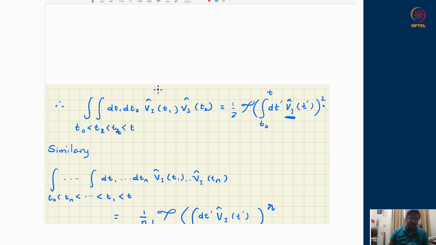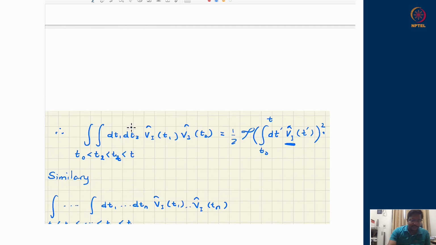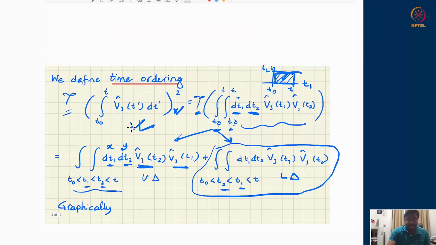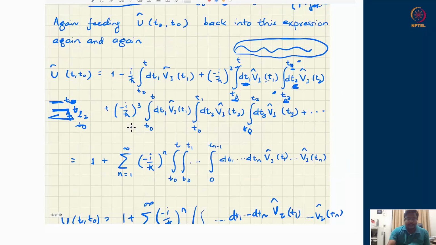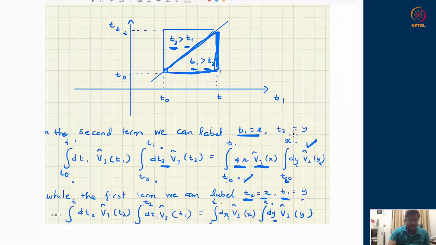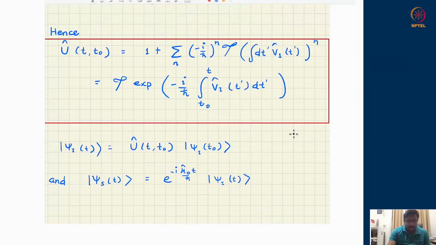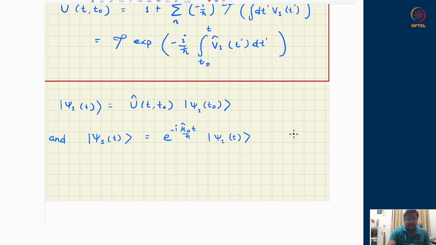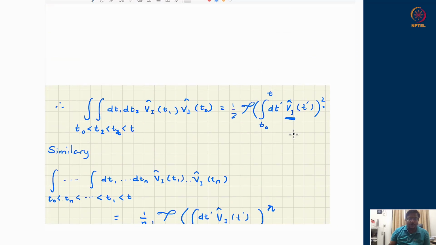Similarly, the triple product integral which is appearing in the next term can be shown by the same logic to be 1/3 factorial times the time ordered cubic product of the same thing.